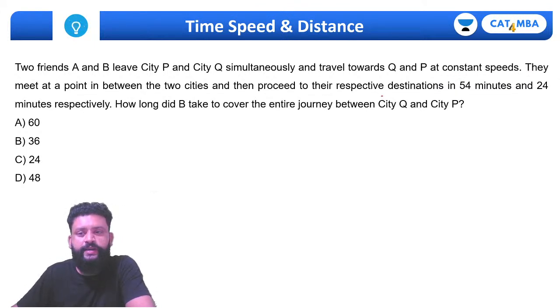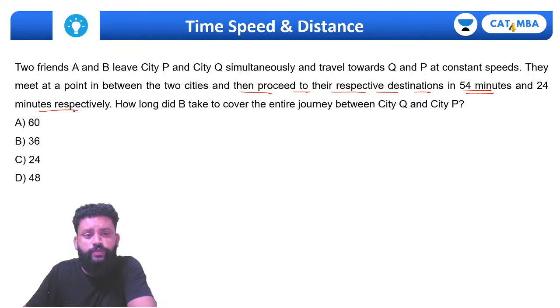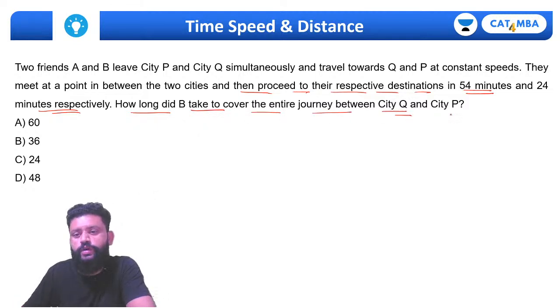They meet at a point between the two cities and then proceed to their respective destinations in 54 minutes and 24 minutes respectively. How long does B take to cover the entire journey between Q and P?